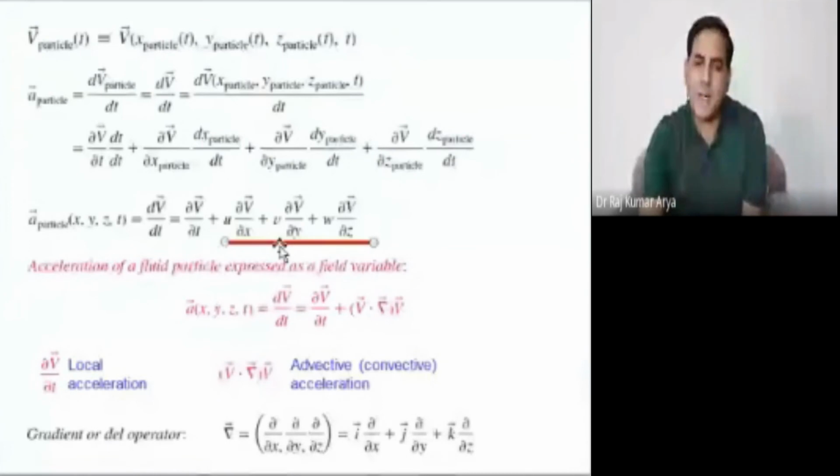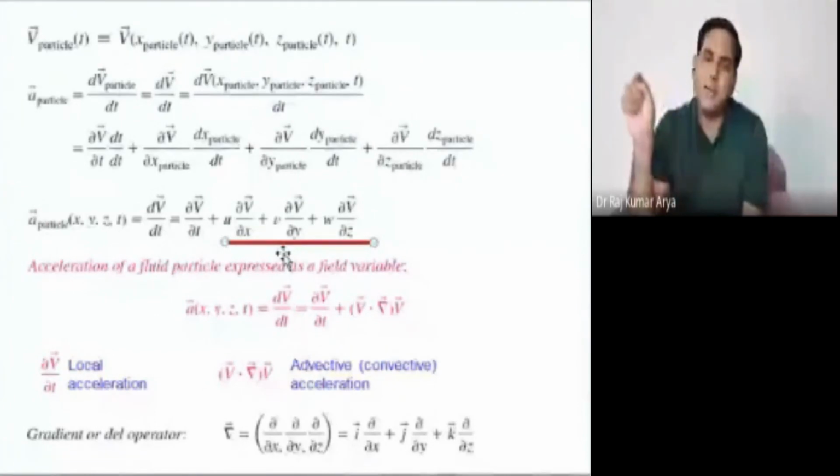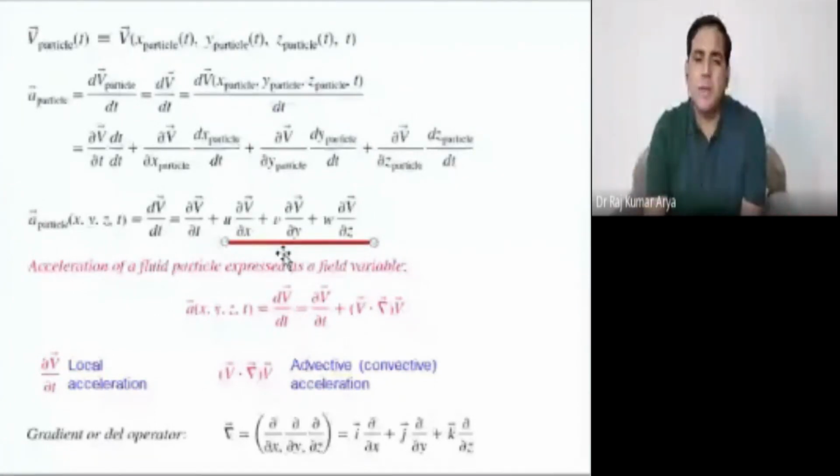Your V vector is what? You have u i cap plus v j cap plus w k cap. That is your V. You are talking about convective, so you don't take time there.